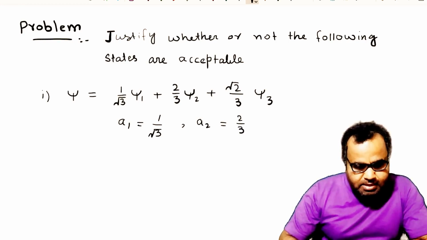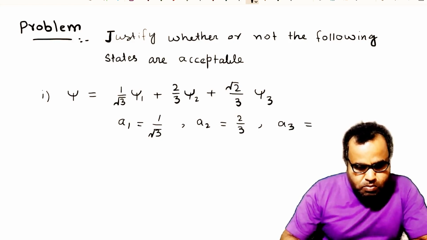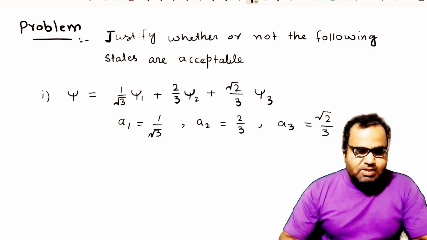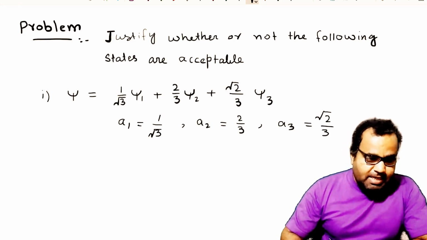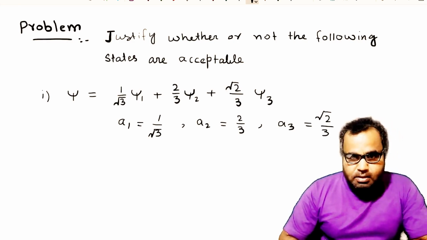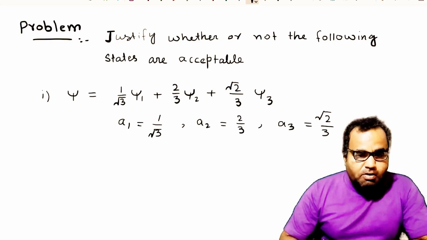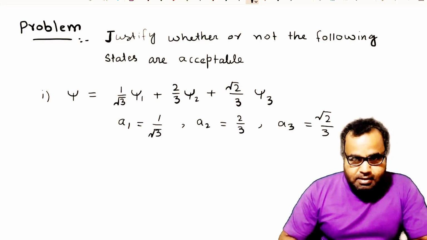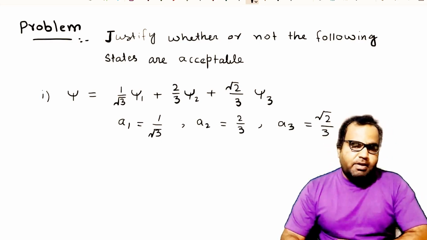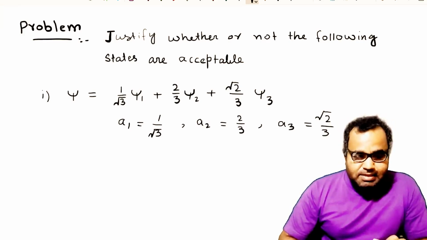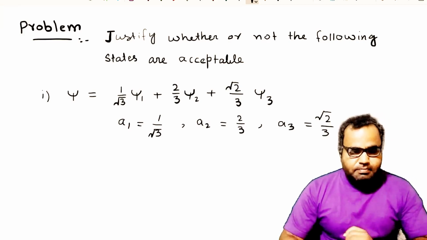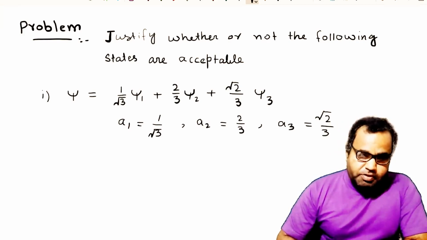Similarly, a3 is equal to root 2 over root 3. So these are the values a1, a2 and a3, and now we check the sum of absolute squares of a1, a2 and a3. If the sum is equal to 1, then of course this state is acceptable for a wave function.